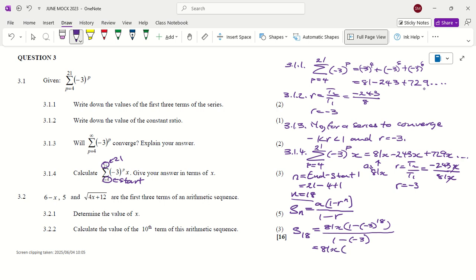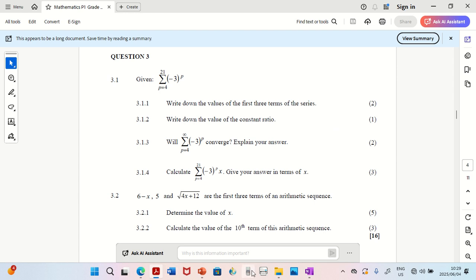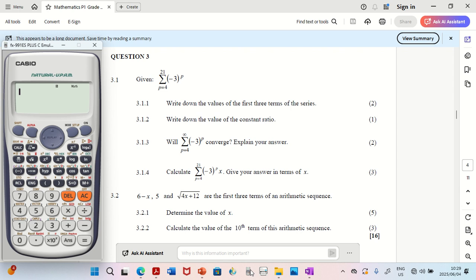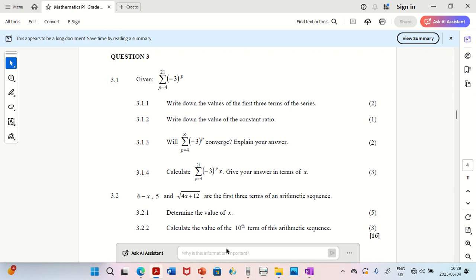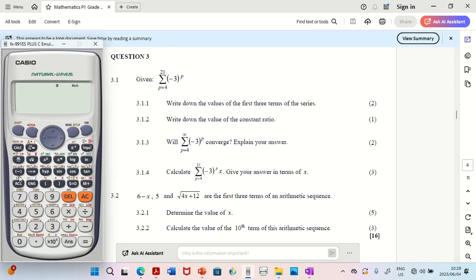And in the bracket, guys, you can just press calculate.